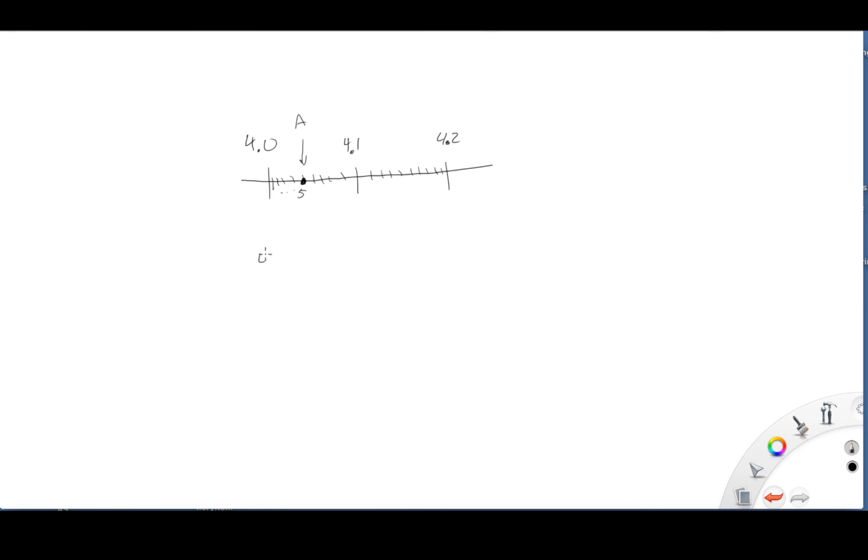It's already 4.0, but we're going to add a 5 because of the hundredths place. Well, I'll give us another one. Let's pick the sixth one over here. Even though that's not the same as theirs, you can get the idea. So B would be 4.1 and then 1, 2, 3, 4, 5, 6.